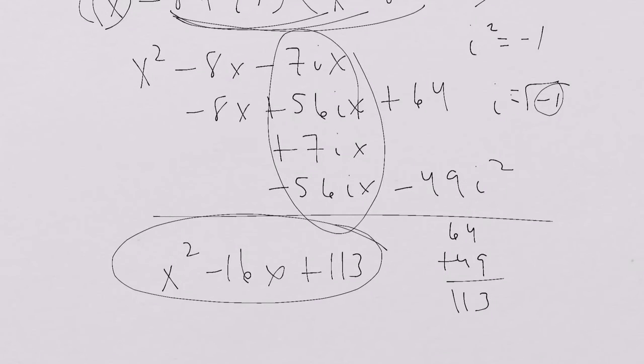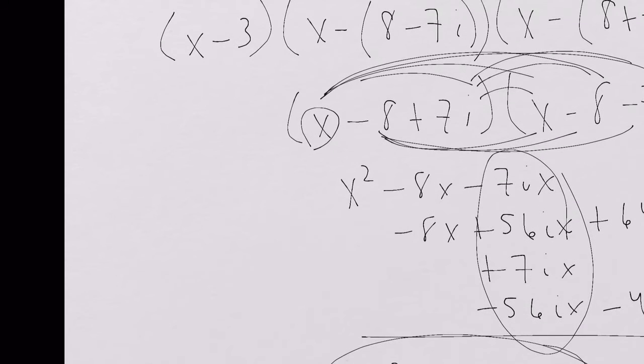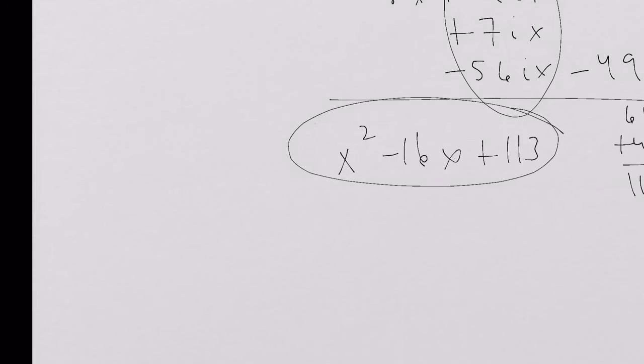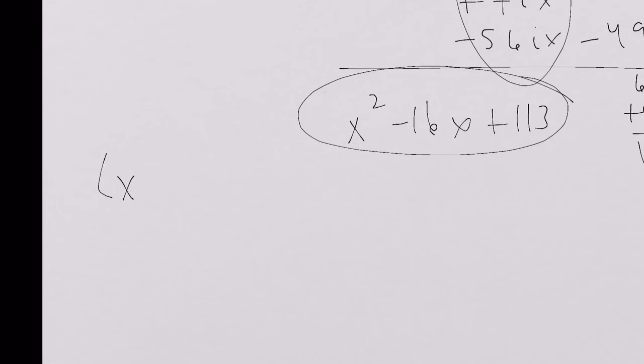So now I have this thing that I can multiply by x minus 3. So let's do that real quick. x minus 3 times this piece.